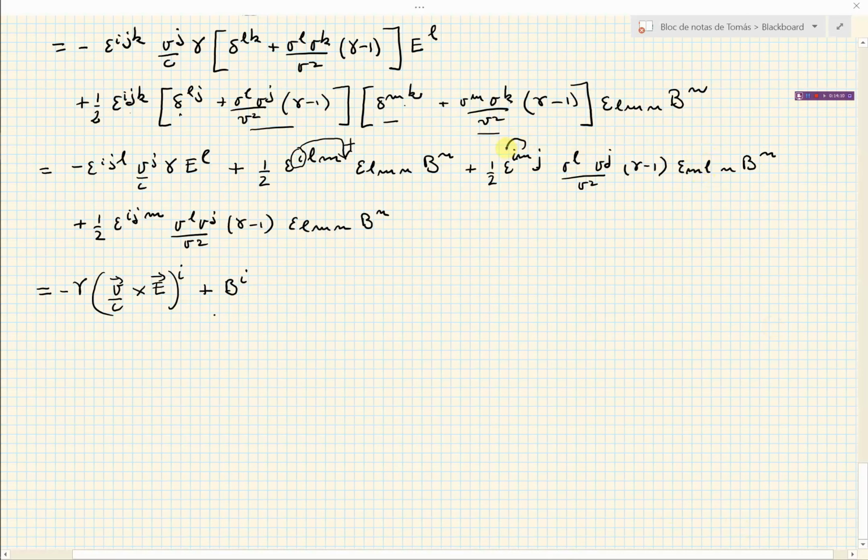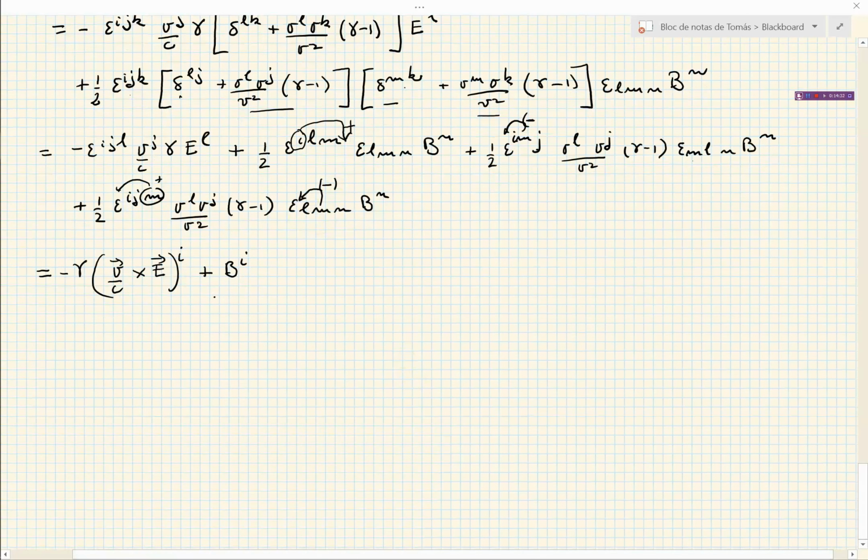I put this m in the first place, and this gives me a minus sign, and then I get m l n, which is okay. And here in order to get the same order, I shift this to the first position. This gives me a minus sign, and moving m to the third position gives me nothing, a plus sign.